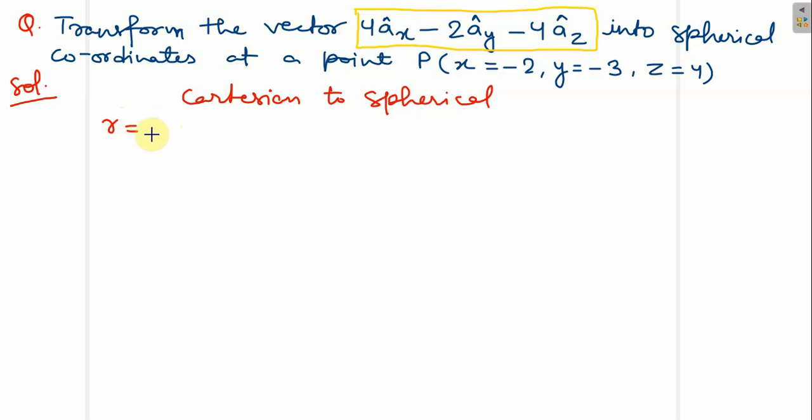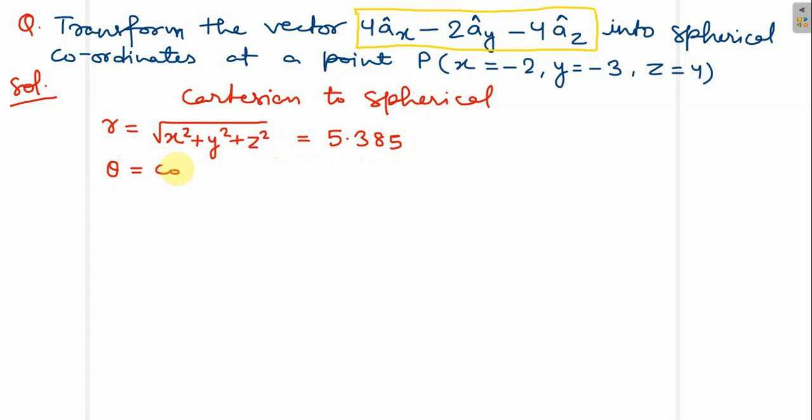So r equals root over of x square plus y square plus z square. Okay, now you have these values x, y and z, so with these we can get the value. The values I am writing directly, so it is 5.3, 8 and 5.